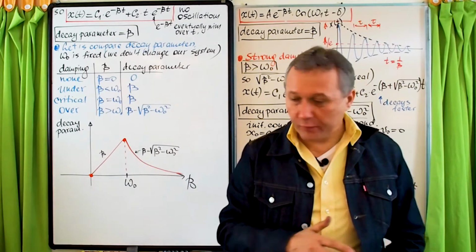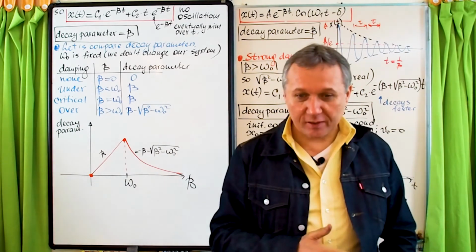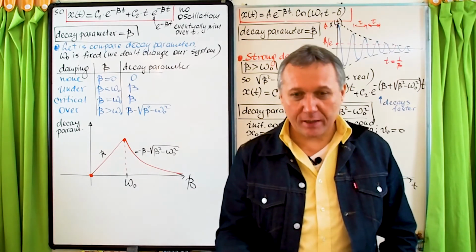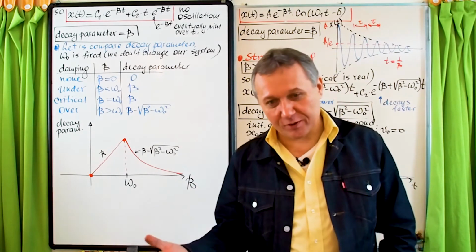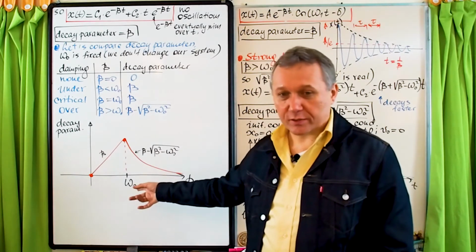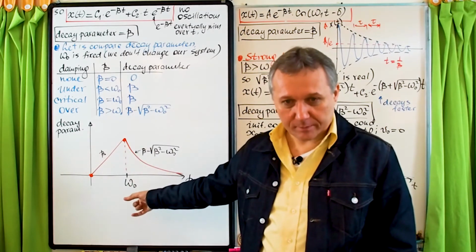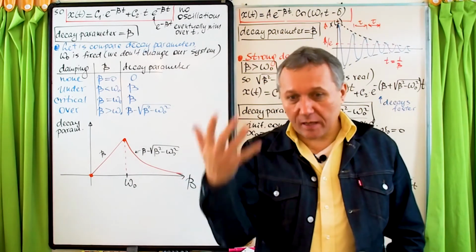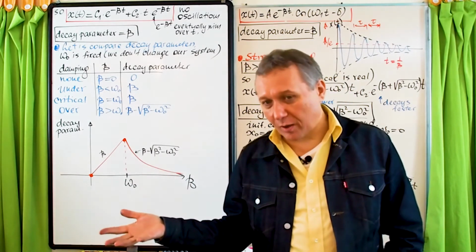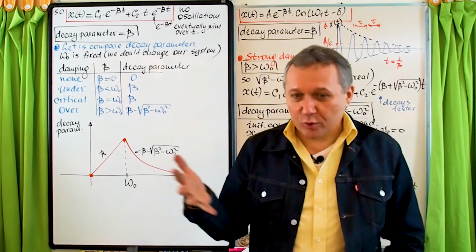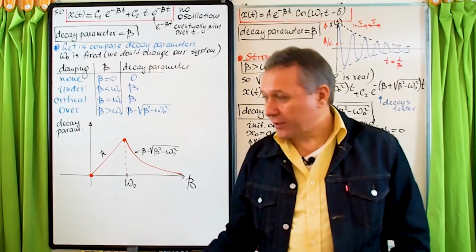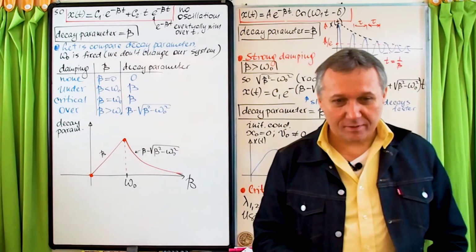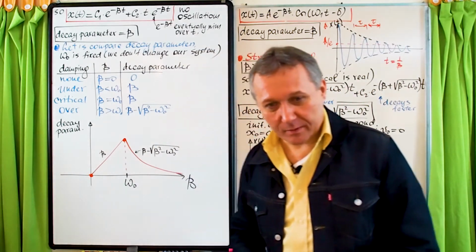By looking at this curve, you can tell immediately which damping case you should use in order to damp energy in the most efficient way. Of course, you need to arrange your system to be critically damped. So if you want to keep your system stable against oscillations, it should be arranged using critical damping.